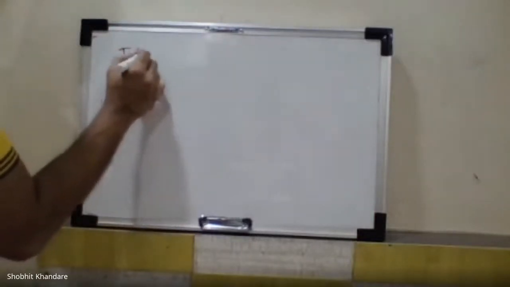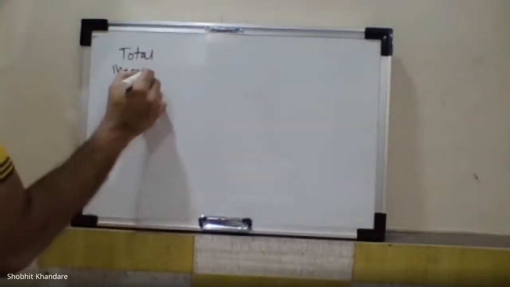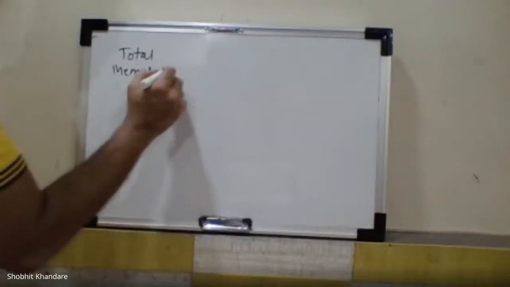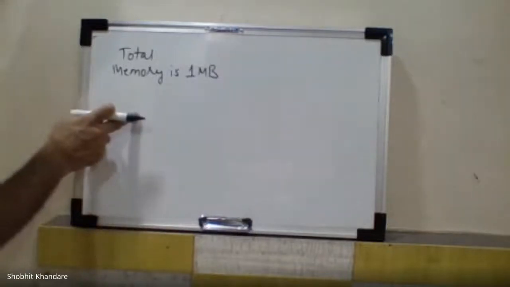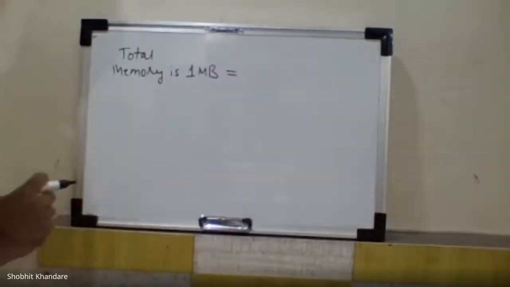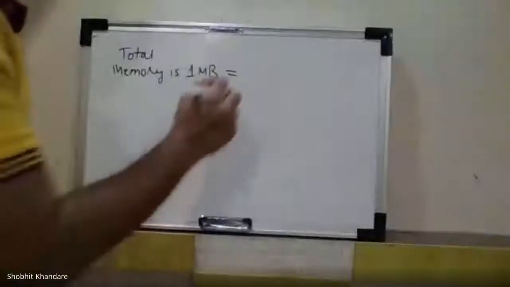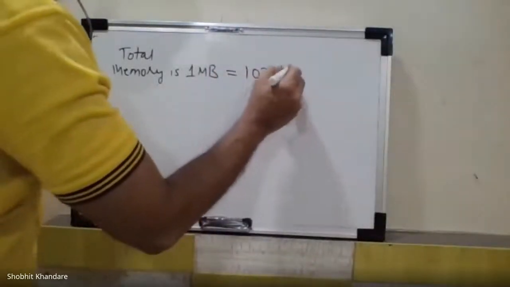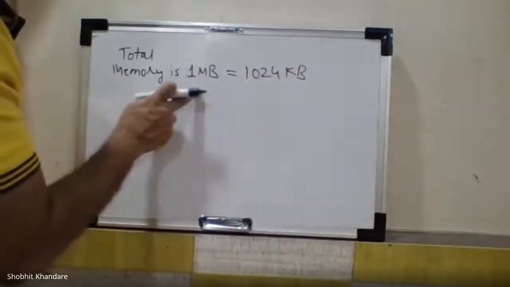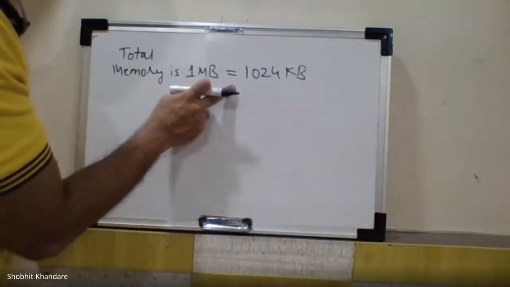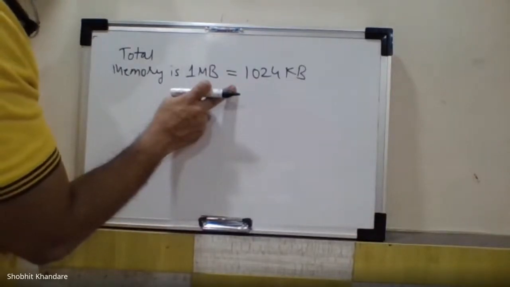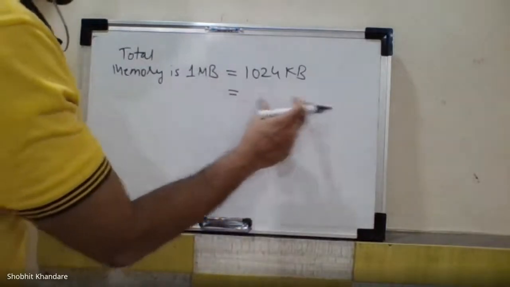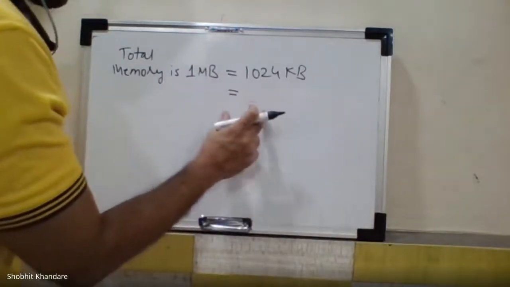Write down: total memory is 1 MB, which is nothing but 1024 KB. Already we have seen this. 1 MB is equals to 1024 KB. That means two equal banks, odd bank and even bank.